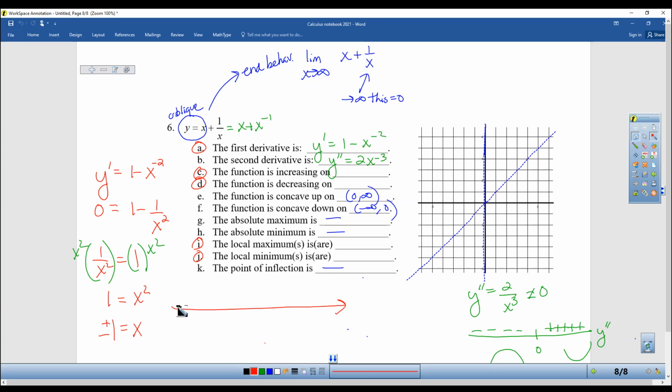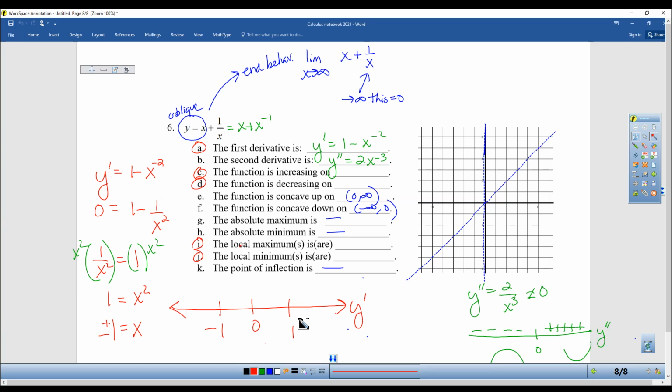But what else needs to go on your sign chart? Just first prime: where the derivative is equal to 0, but also where the derivative does not exist. So x can't be 0. So two things always go in your chart: where the derivative is equal to 0 and where the derivative does not exist.